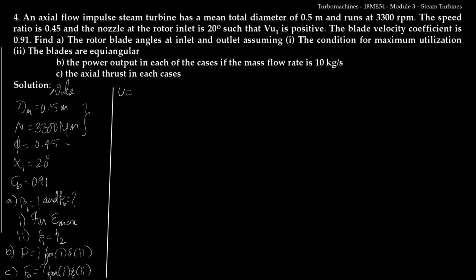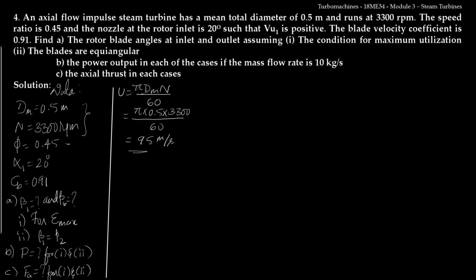U will be equal to pi into Dm into N divided by 60. Let us substitute the values. So, u will be equal to pi into mean diameter 0.5 meters multiplied by the speed 3300 rpm divided by 60. This gives us a value of 95 meter per second.